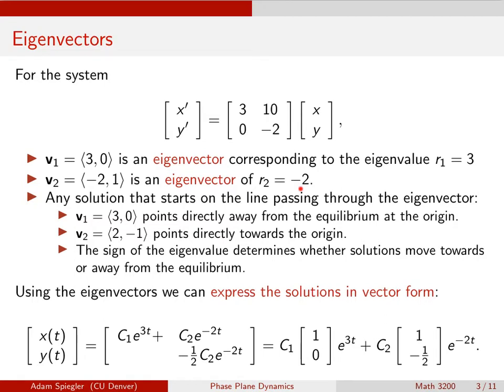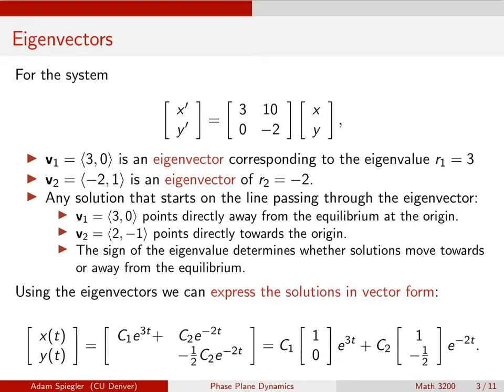And if an eigenvalue is negative, then its corresponding eigenvector tells us that solutions that start on that vector are going to move in towards the equilibrium, which is the origin. So the sign of the eigenvalue tells us the direction that we move on a solution that starts on one of these eigenvectors.